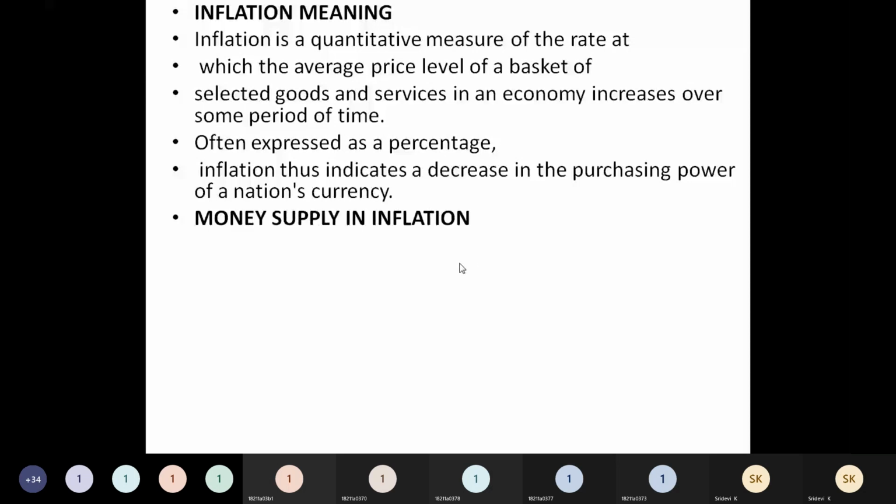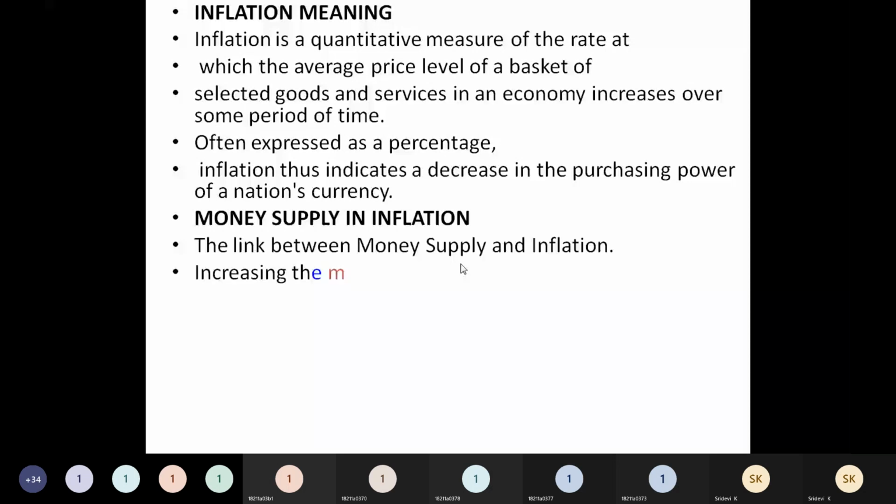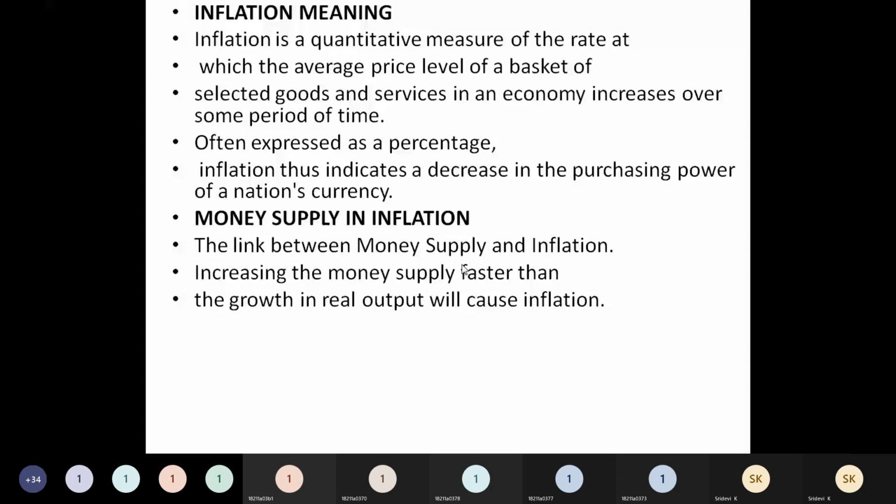So in this case, money supply, how can money supply be described? Here the increase in the money supply will be more than the growth in the real output. So what is your output going to be produced? That means production is less than the money they are going to spend.